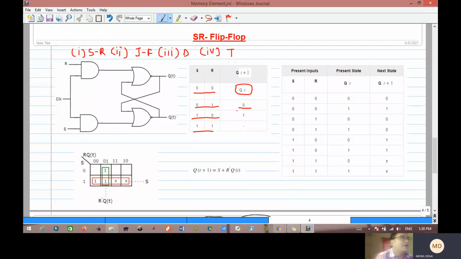We get the answer 0, and 1 0 gives 1. Then 1 1, that state is not used, means it is undefined. So this is the truth table of SR flip-flop.